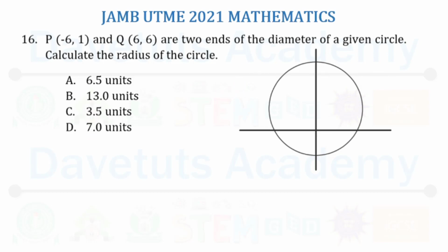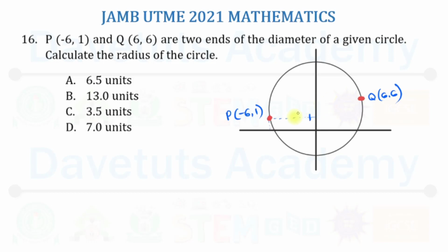So we are being told that there are 2 points P and Q. So this is point P, which is minus 6,1, and this point Q, which is 6,6. So you trace just like this.